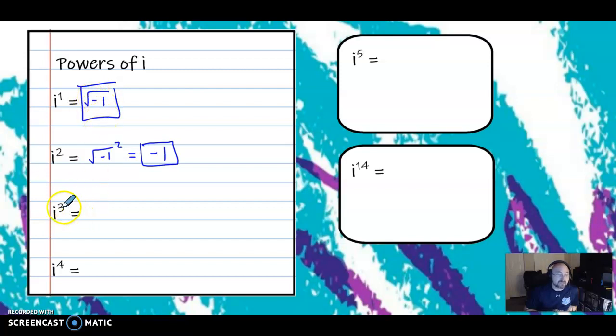If you look at something like i to the third, you can think about this as i squared times i to the first. And so we'll just look back and compare this to our previous 2 answers. All right, we know that i squared is negative 1. So this is negative 1 times i to the first, which is the square root of negative 1.